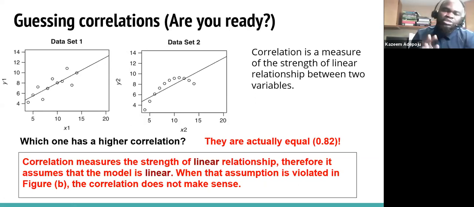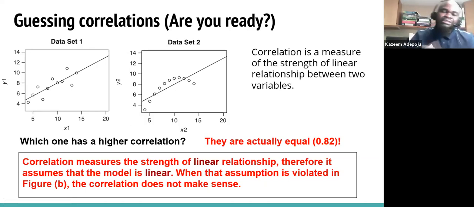There must be a linear relationship between the variables under investigation before the correlation value can make sense. If you plot it and realize that the relationship is not a straight line but a curve, then finding correlation will not make sense.